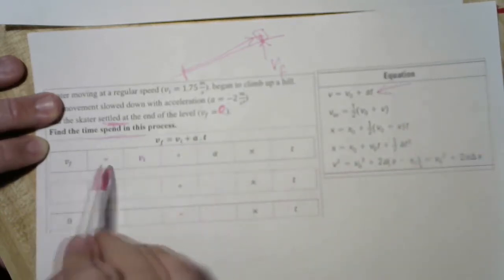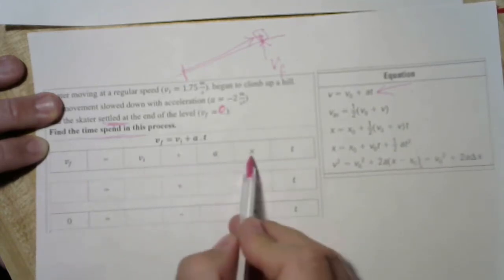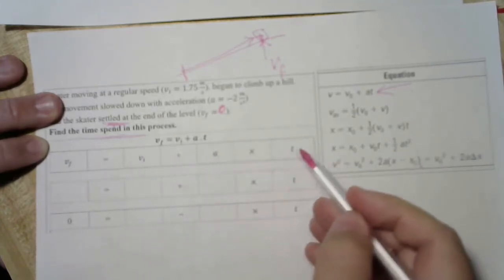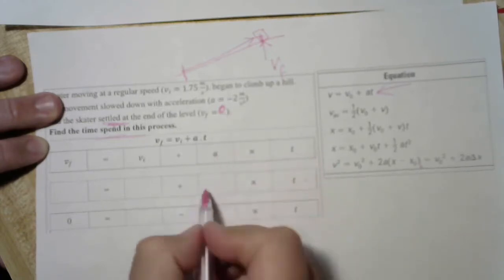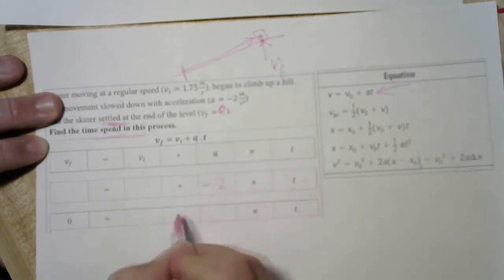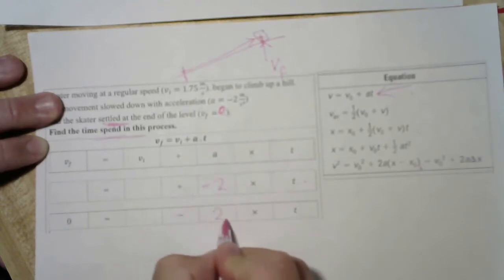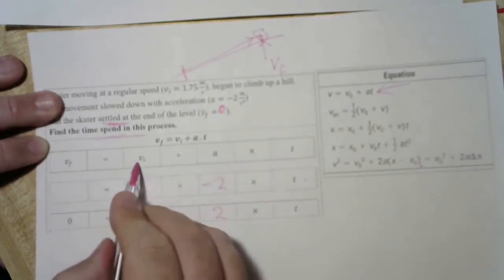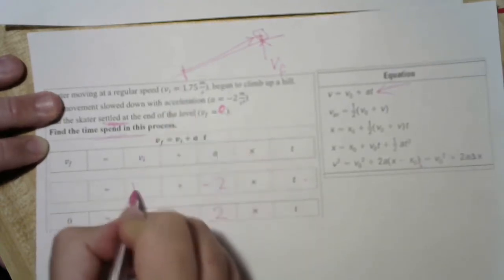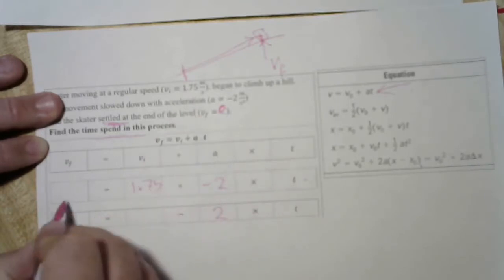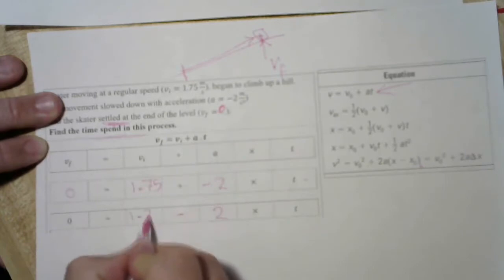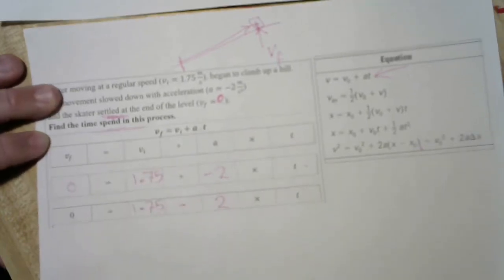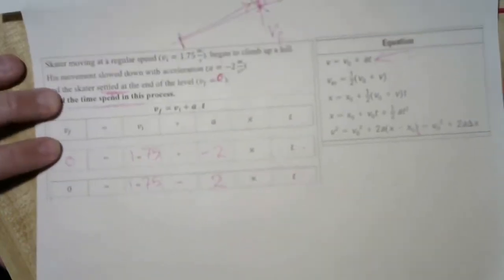V final is equal to V initial plus A multiplied by T. I need to compute T. I have the acceleration, which is minus 2. V initial is the same as this one, 1.75. V final is 0.